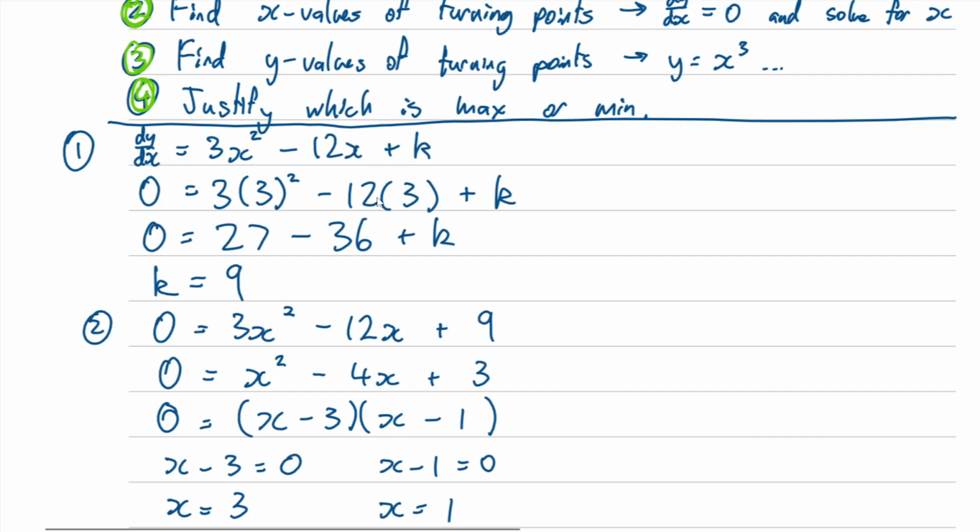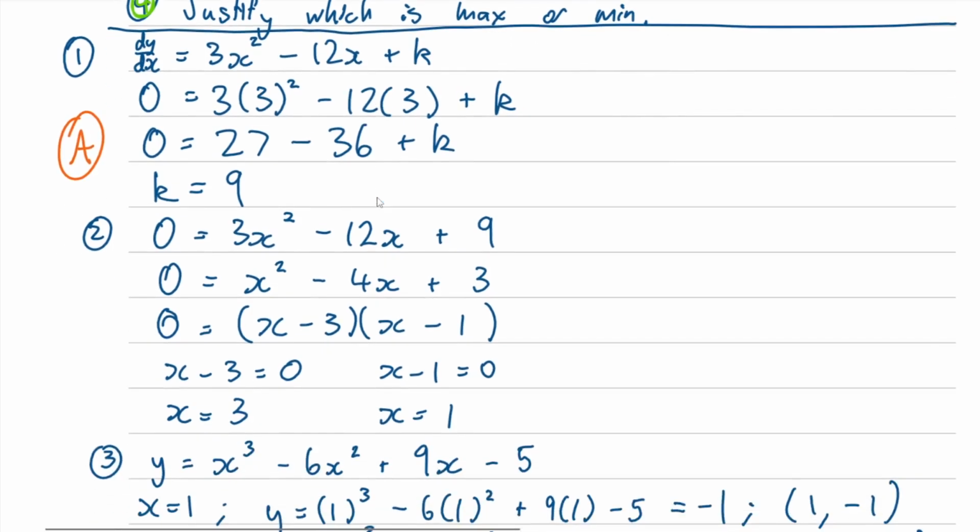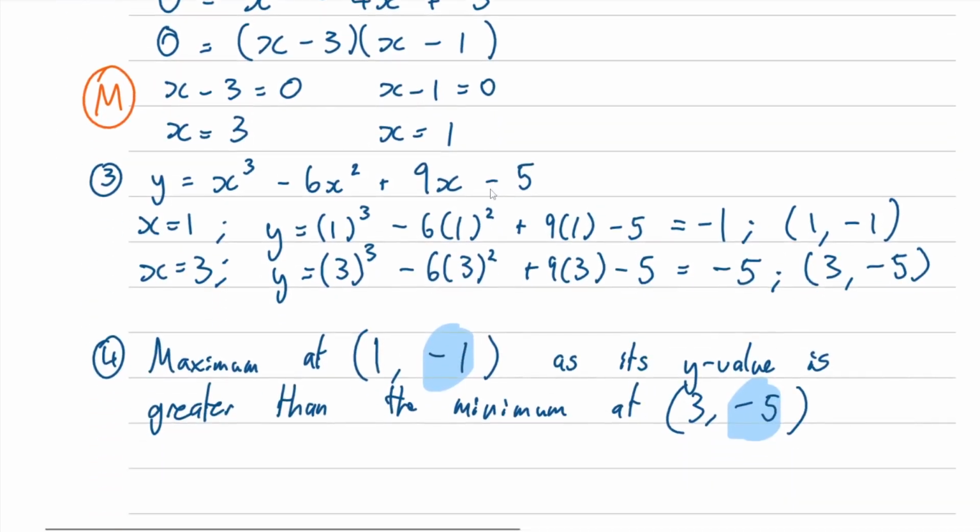And actually doing that, finding the derivative and then finding k would be the sort of achieved and merit points. So achieved and merit was then finding the x values of the turning points. Using those x values, we were able to find the y values of the turning points and then justify which one was a minimum and which one was a maximum.